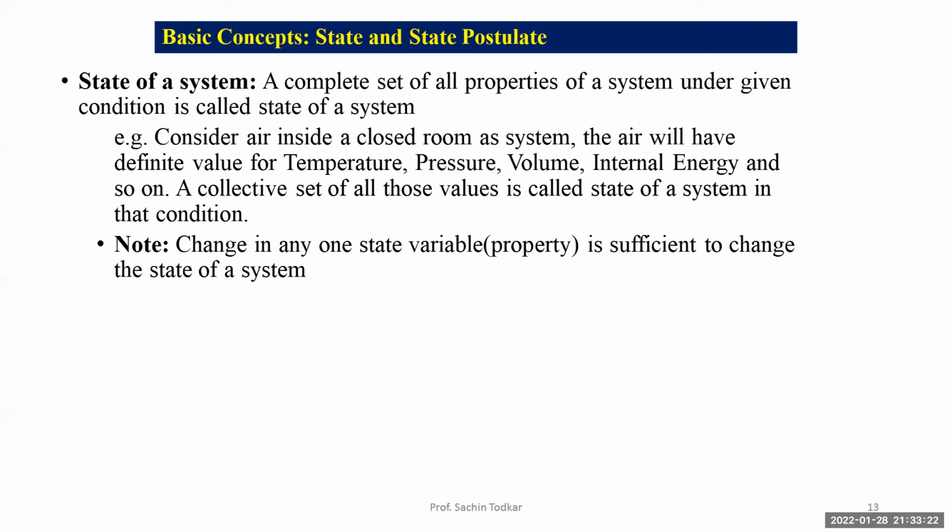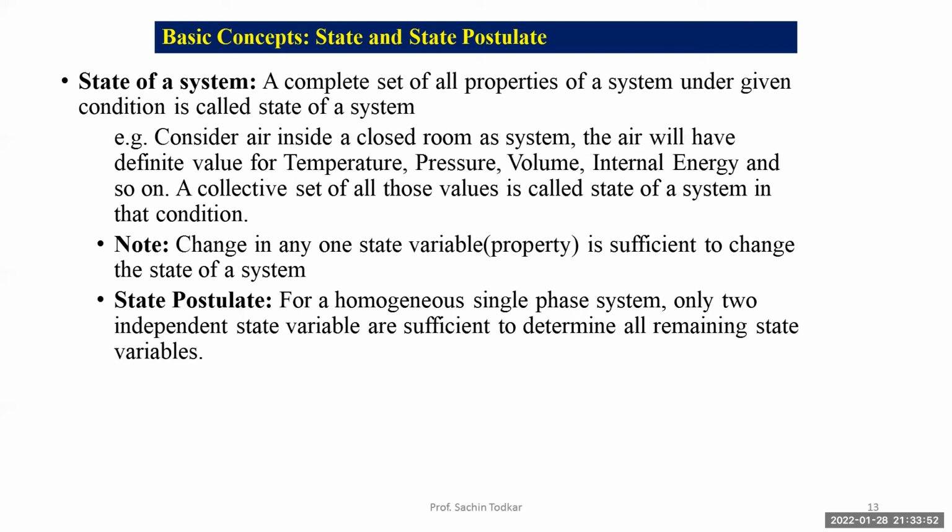Okay, so suppose in the room 18 degrees Celsius temperature is there, and you started a room heater, and it elevated the temperature to 21 degrees Celsius. So the state of the system will change irrespective of pressure, volume, internal energy. All things will change automatically, but only one state variable is sufficient to change the state of the system.